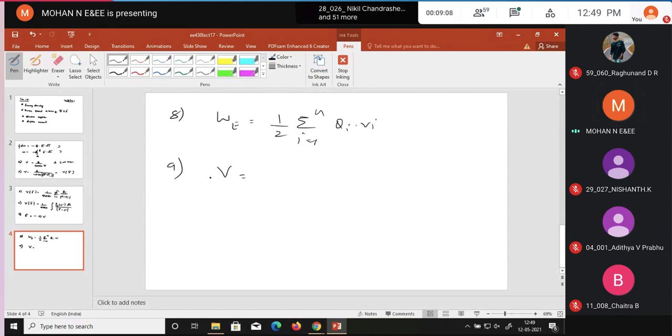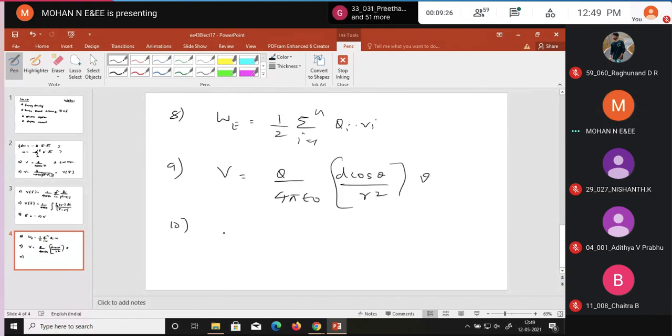That is the potential due to an electric dipole, that is Q by 4 pi epsilon naught, d cos theta by r square volts.